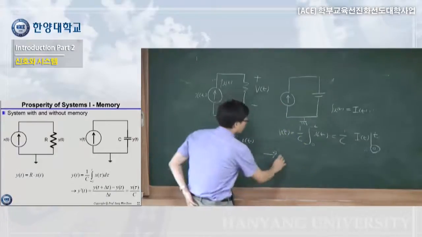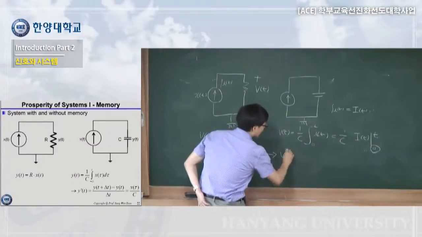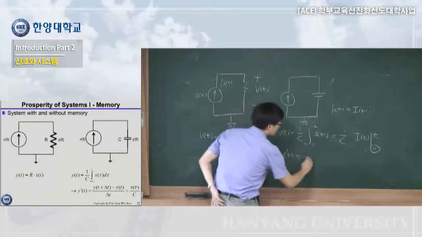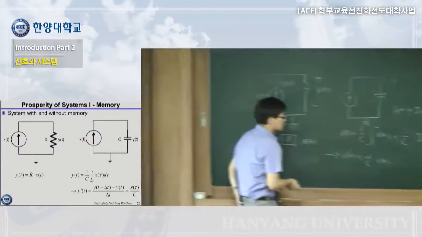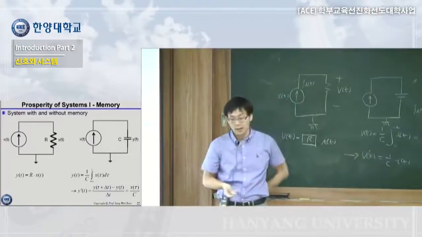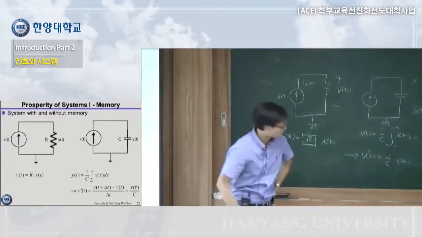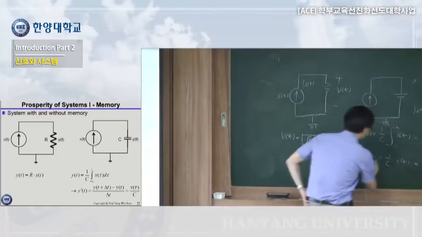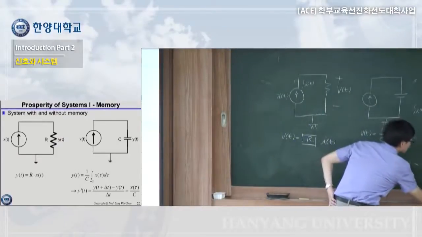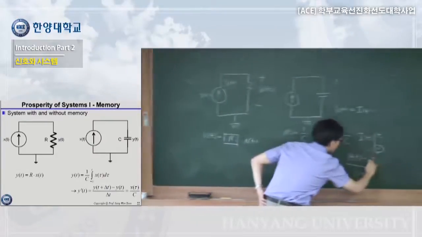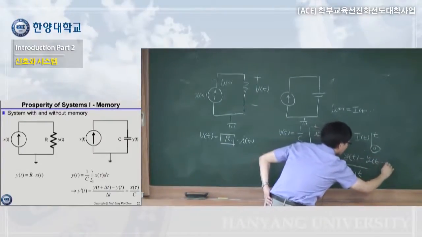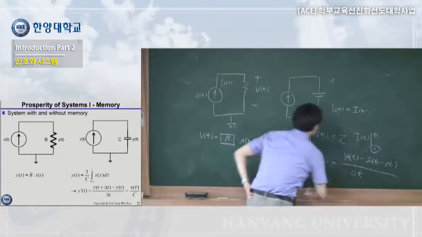Or we can differentiate it to see this. So we can also think of them like this. And then the differentiation is what? For small delta t, something like this.